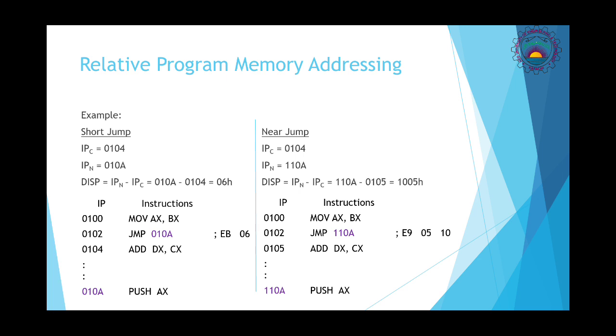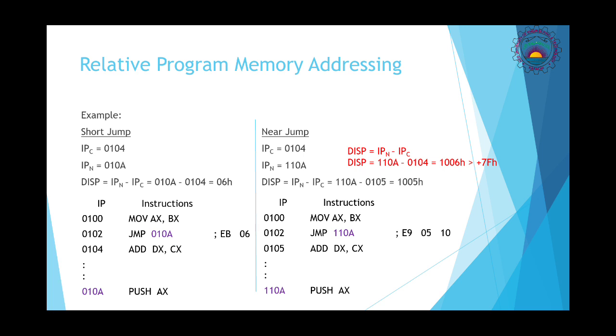So we have calculated the displacement 110A minus 104. If you perform that calculation, you will be having 1006.